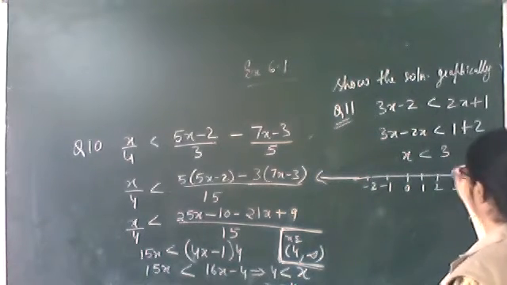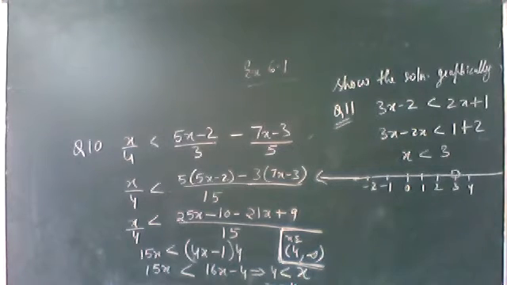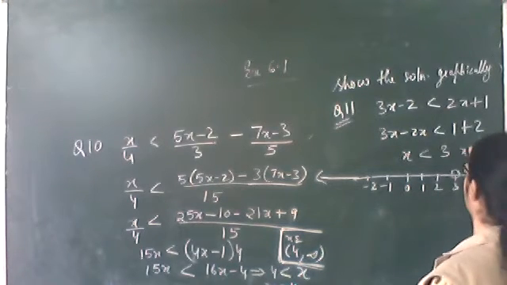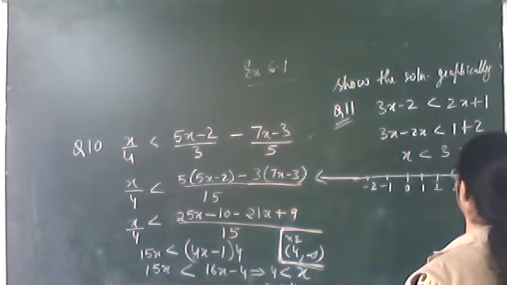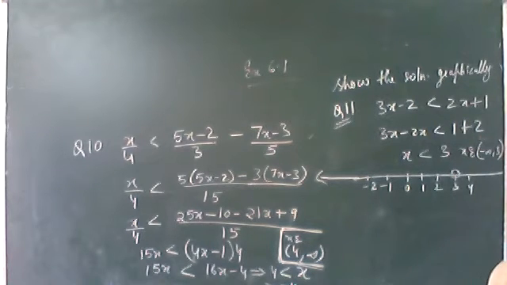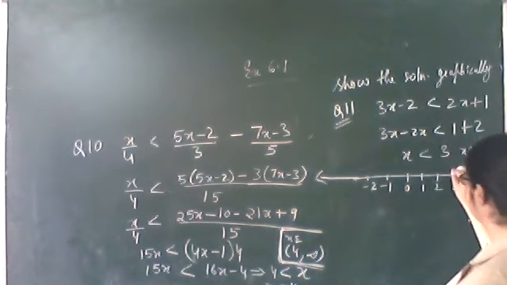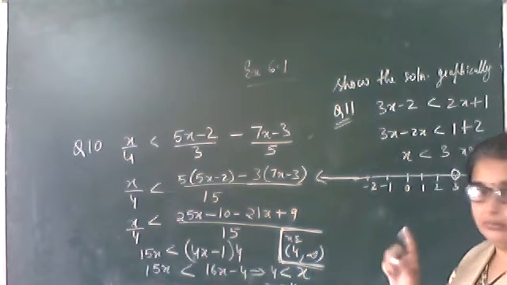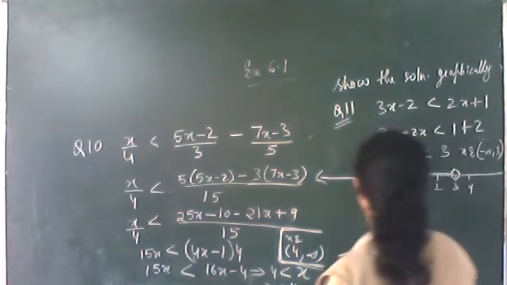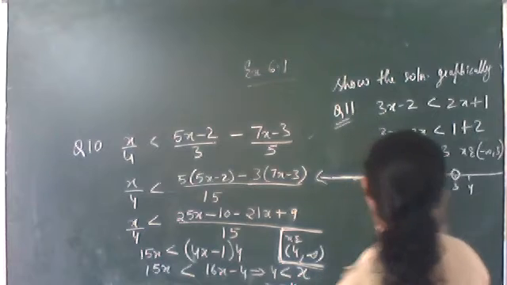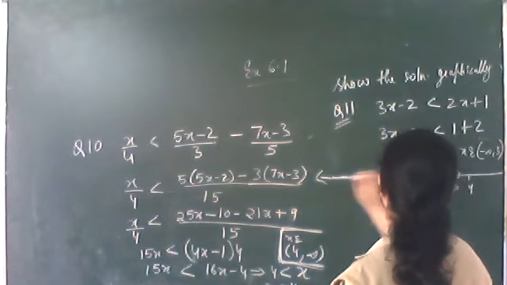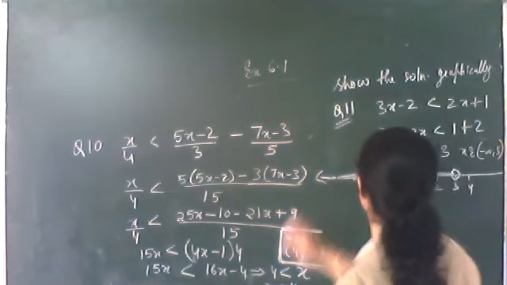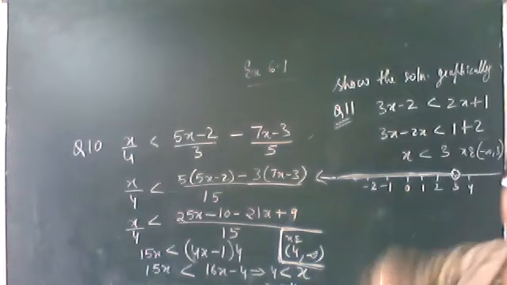So here, you remember, what does this mean? x belongs to minus infinity to 3, open bracket. When we showed an open bracket, we showed a circle here because the value 3 will not come. Then darken this part. Where will it go? It will go to infinity.